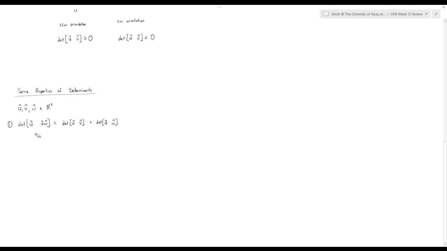And here it kind of looks like if you were multiplying u times v plus w, you could distribute the u and get u times v plus u times w. That's kind of what this formula looks like, okay?